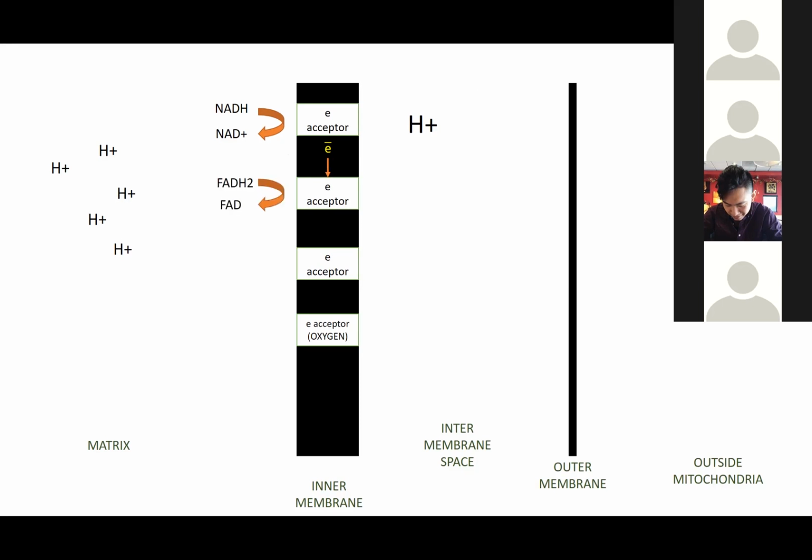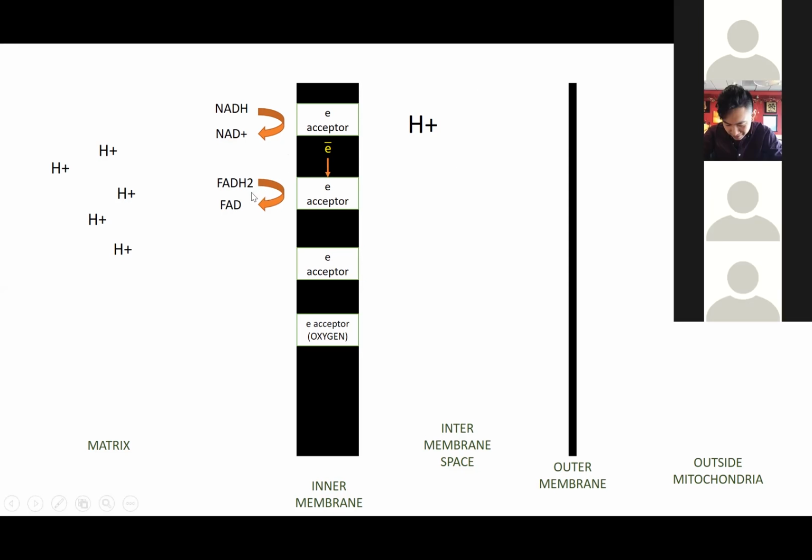Then next, we have our FADH2, which is going to be oxidized back into FAD plus. It's going to give its electrons to the electron acceptor, which is going to pass them on to the next one. And we're collecting all these electrons. So this acceptor got this electron, and then it got more electrons from here and passed them down. And then the same thing happened when H plus crossed the membrane and went to the other side.